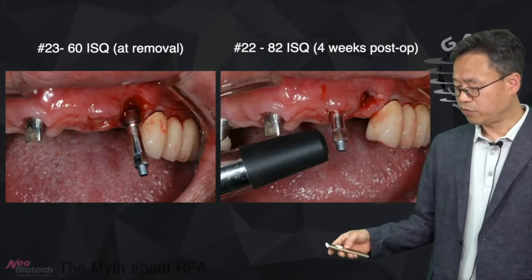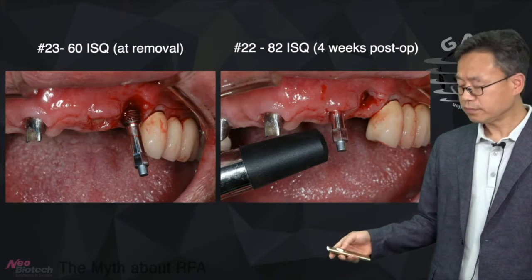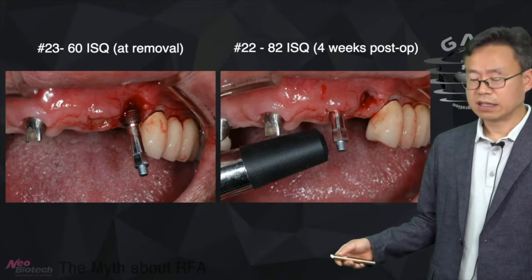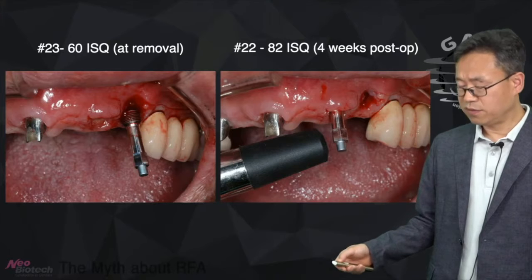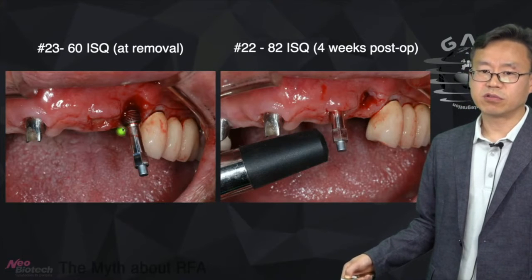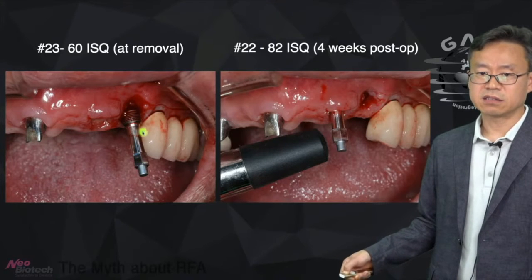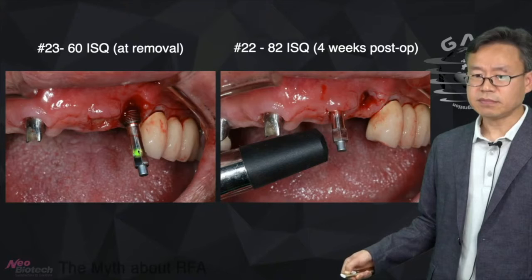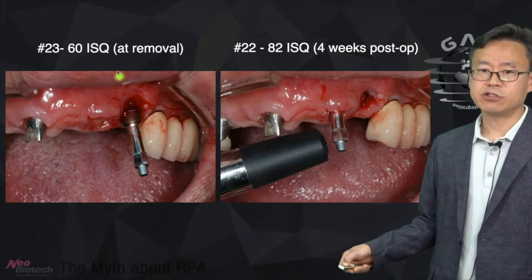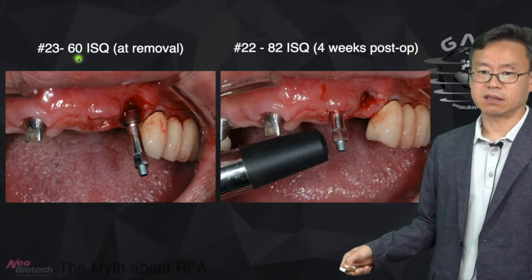And after about 4 weeks, I tried to measure the stability of number 23, which was failing at that time. So I connected the magnetic peg and measured it, and it was 60.